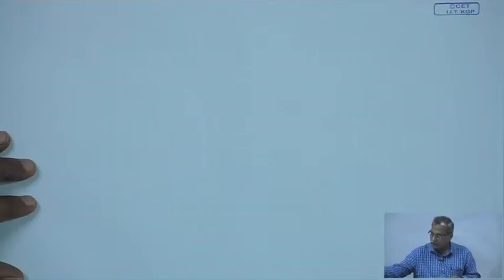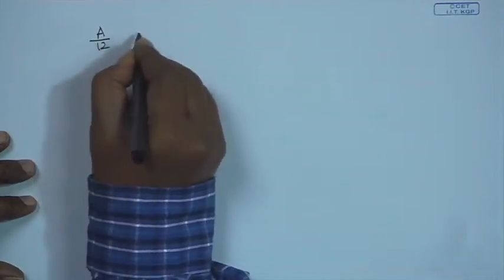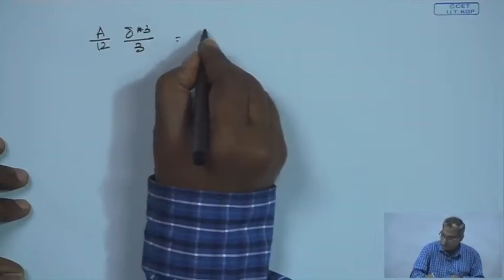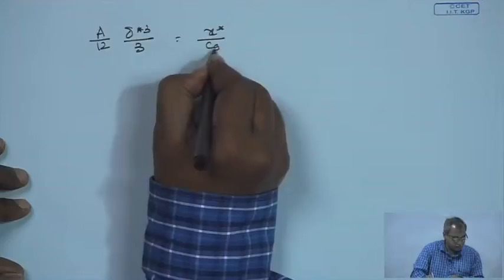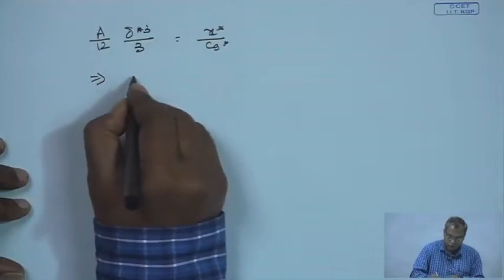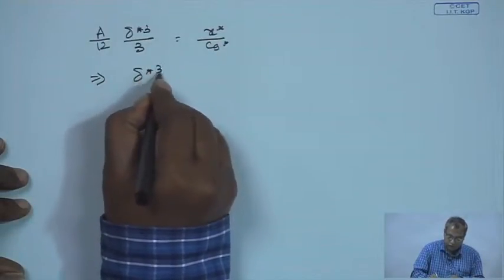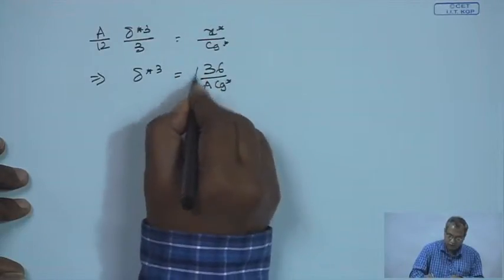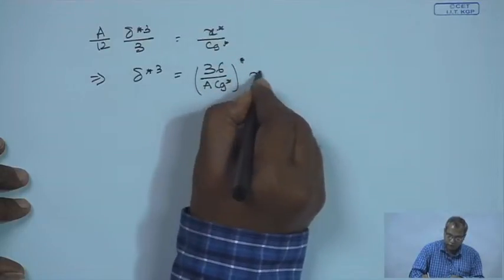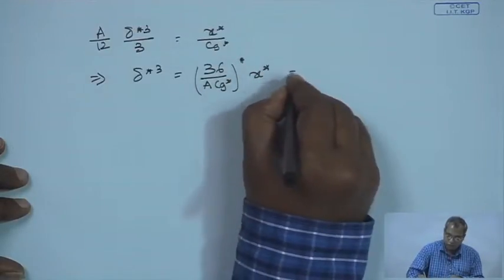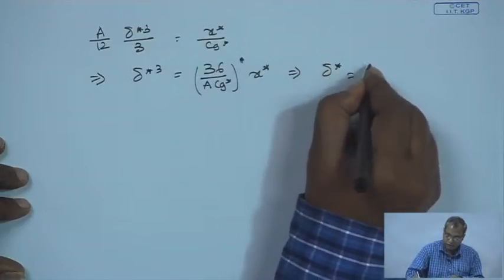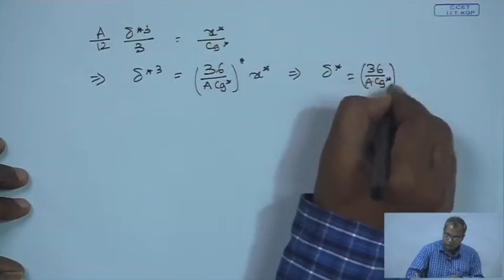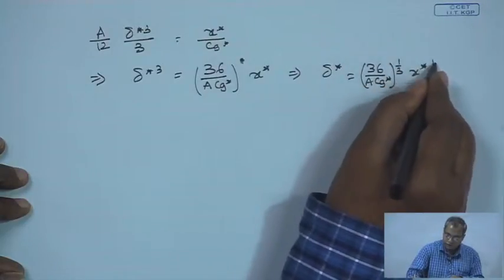So, this becomes a by 12 delta star cube by 3 is equal to x star by C g star, and you will be getting delta star cube is equal to 36 by a C g star multiplied by x star, and one will be getting an expression of delta star as 36 by a C g star to the power 1 upon 3 x star to the power 1 upon 3.